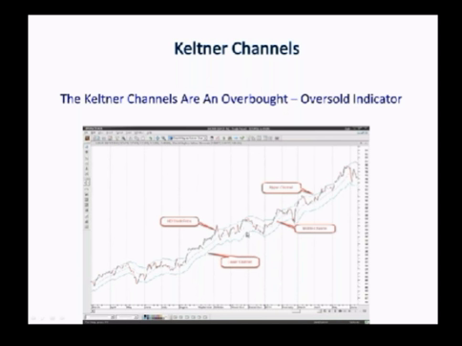And then, of course, we have the lower channel. And the channels act as an overbought, oversold indicator. And you can see when the stock is trading near the upper channel, then it's getting overbought. When it's trading near the lower channel, it's getting oversold. So we like to use these channels to time our entry.